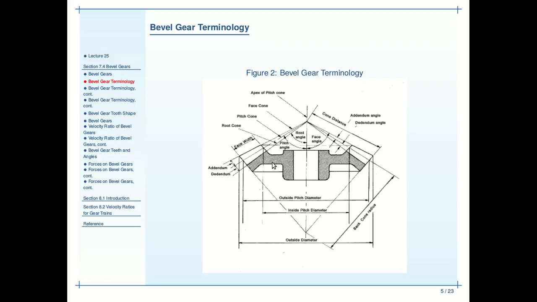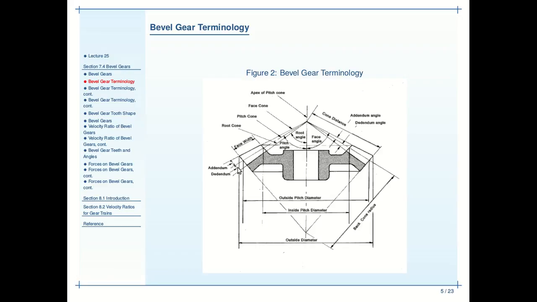Just like with cylindrical helical gears, there is a face width for bevel gears, and just as with spur gears and all the other gears we've looked at, there is an addendum. That's the portion of the tooth above the pitch line, and a dedendum, the portion of the tooth below the pitch line.